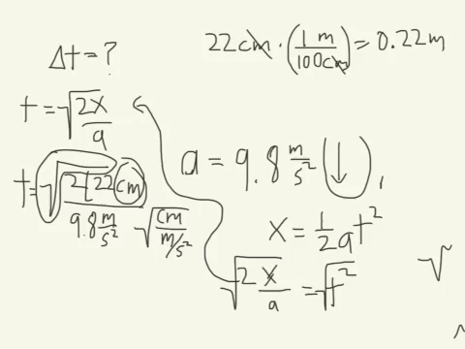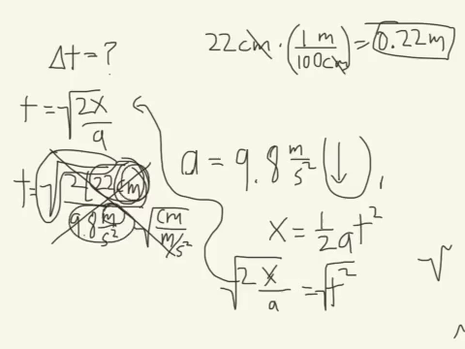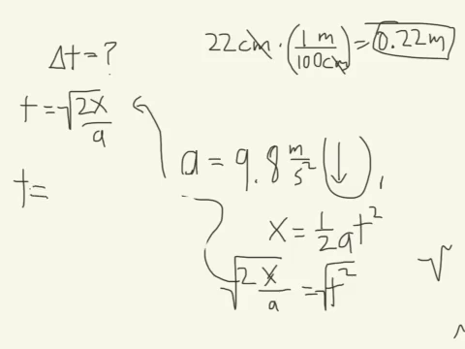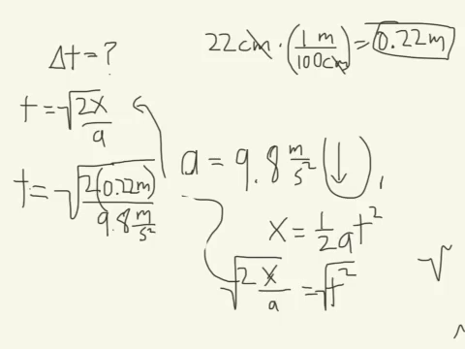So let's go back and plug in our numbers with an SI unit. This wasn't working here. That was a bad approach, using inconsistent units, the centimeters and the meters. So let's get rid of all that, and we'll put in 2 times 0.22 meters over the acceleration of gravity.